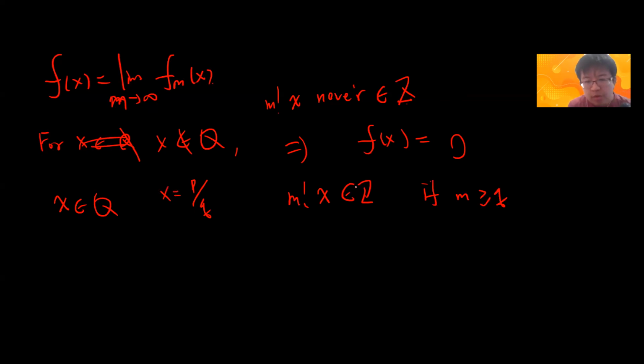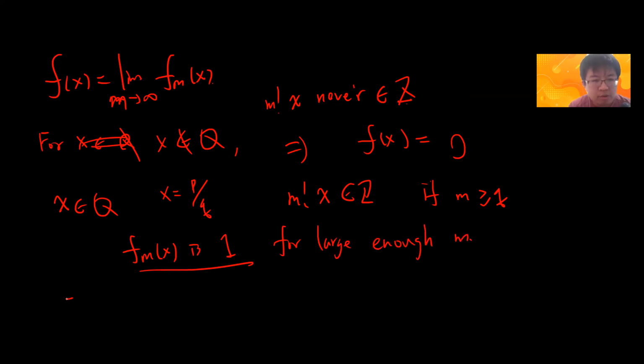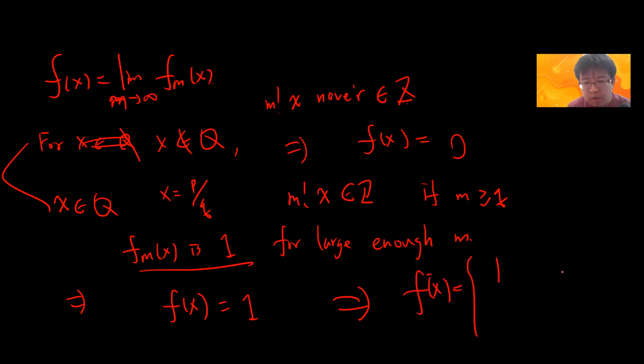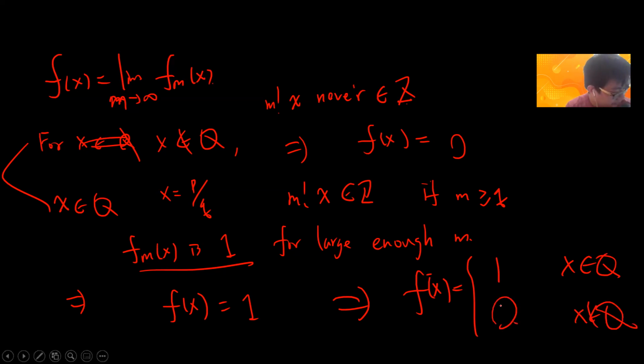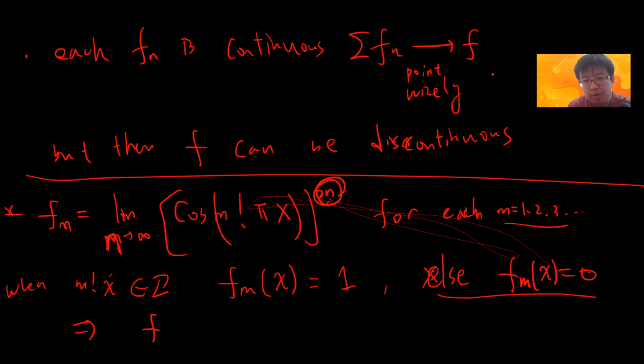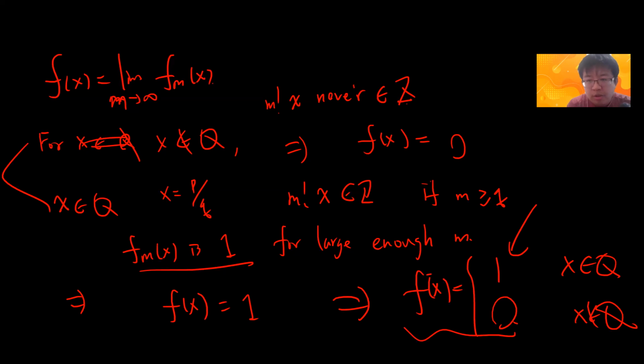So that means f_m(x) is 1 for m large enough, which means that f(x) is 1. So combining these two discussions, f(x) is 1 if x is rational, so the result will be discontinuous, but each f_m is continuous. So if your functions converge pointwise and each of them is continuous, it does not mean anything.